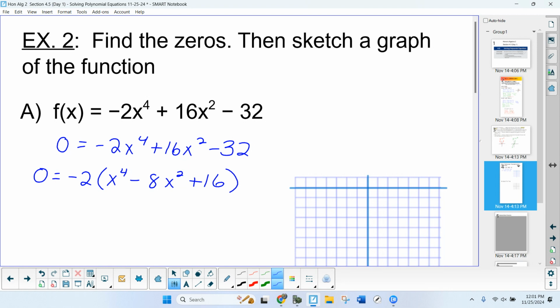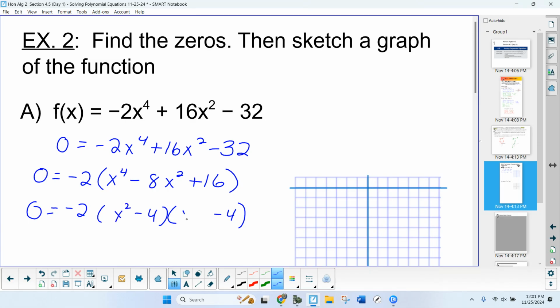Okay, now I have a trinomial. A is 1, life is easy. Can I factor it if the degrees go 4, 2, constant? What multiplies to give you 16 that adds to give you -8? -4, -4. But what do I put on the front ends?